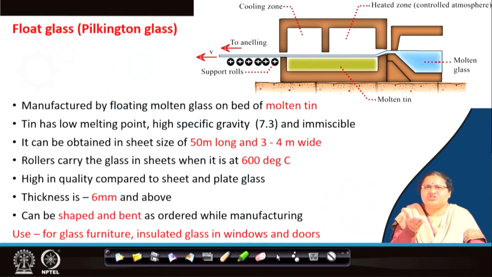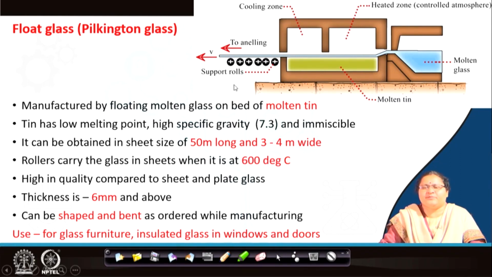Gradually this sheet comes out again on top of support rolls and gradually moves. Here it gets a little cool, in a totally controlled environment, and this float glass comes out.